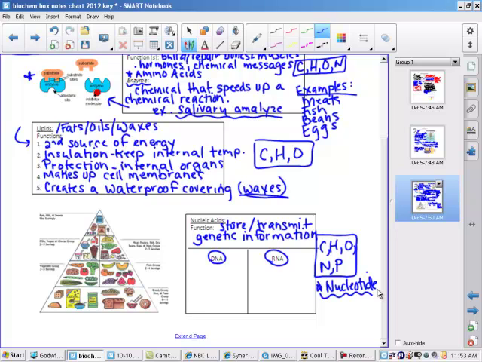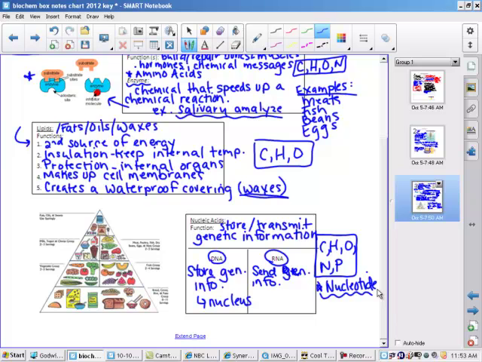DNA's job is to store the genetic information, and it's stored in the cell nucleus. The job of RNA is to transmit or send genetic information to other parts of the cell.